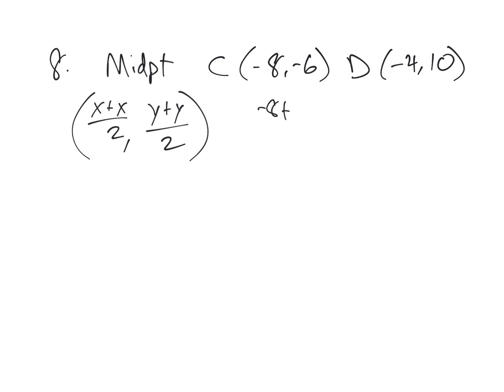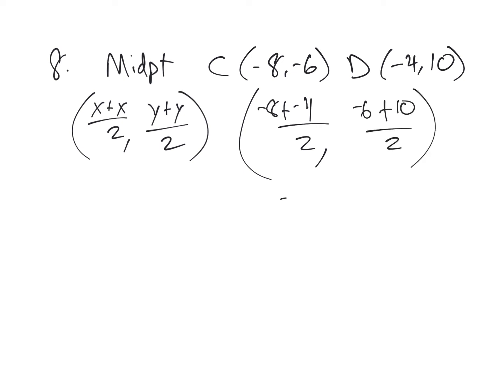So -8 plus -4 over 2, -6 plus 10 over 2. -12 over 2, and 4 over 2. That would be (-6, 2). It's a coordinate, so make sure you have the parentheses. I flipped them. All right, next question.